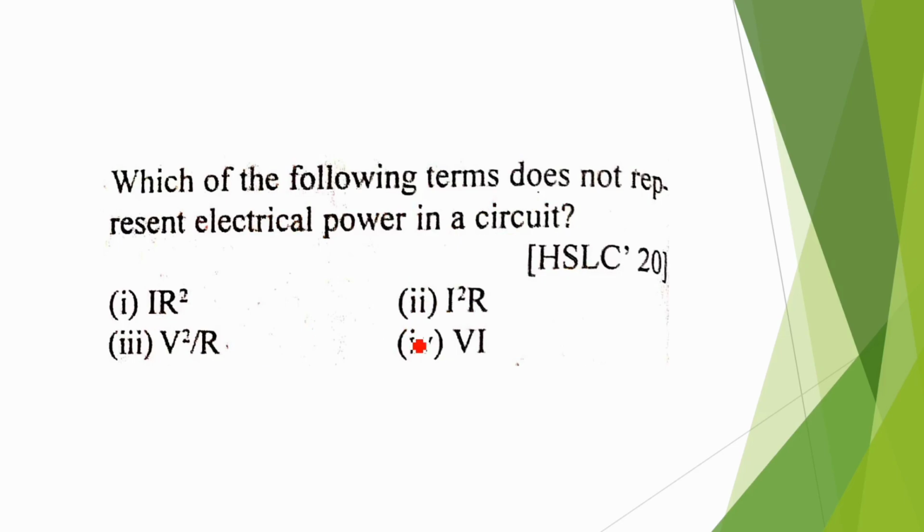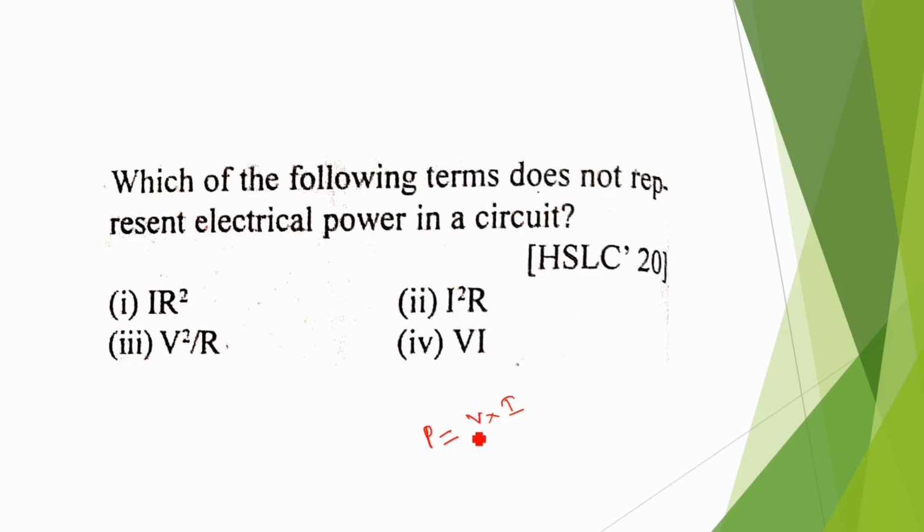First of all, we will try to understand electrical energy. Electrical power is defined as V into I, that means voltage into current. Here the question is which term does not represent electric power.